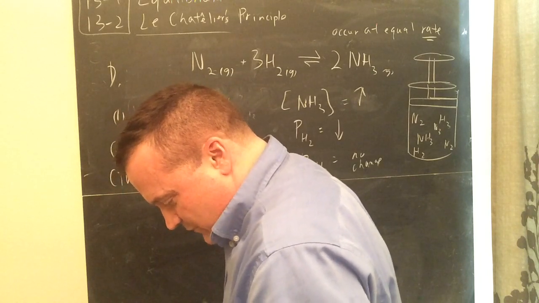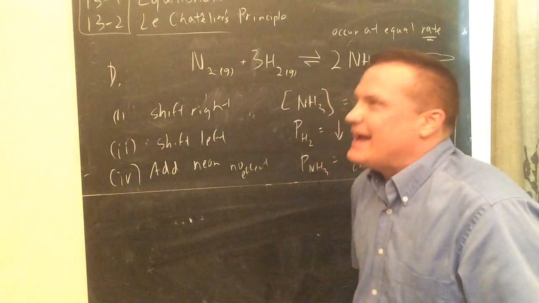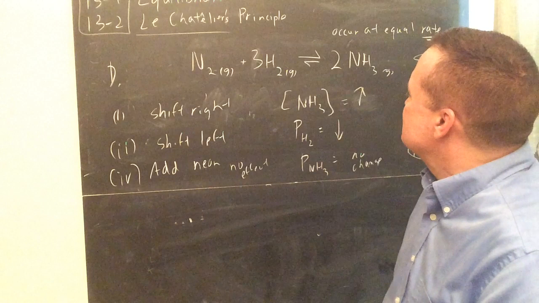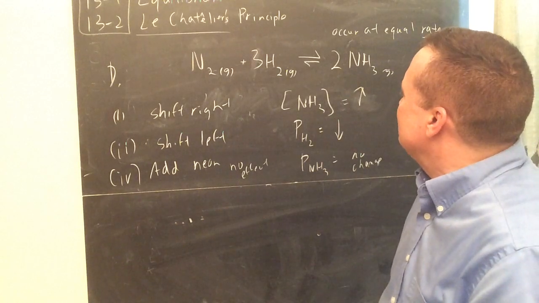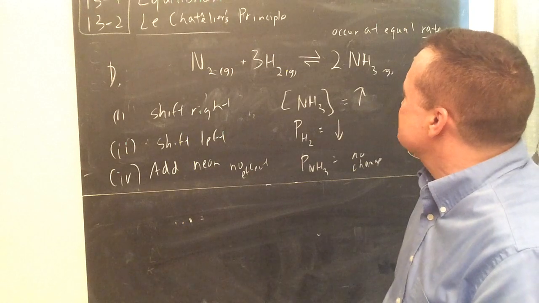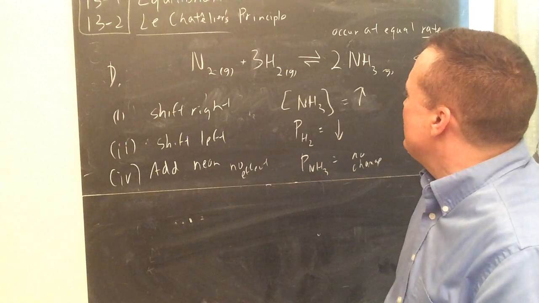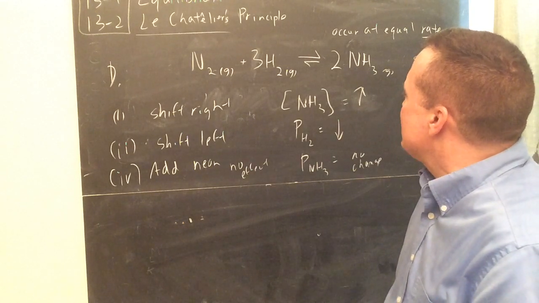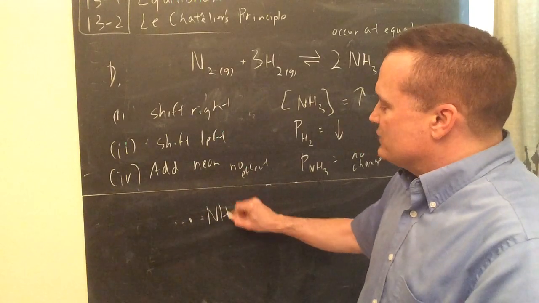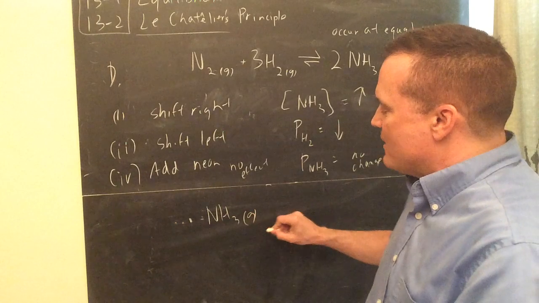I do want to tell you one other thing. What if we added a chemical that reacted with one of these? Can I think of something? Well, yes, I could think about this. If you were to have NH3 gas, this is just a bonus thing.